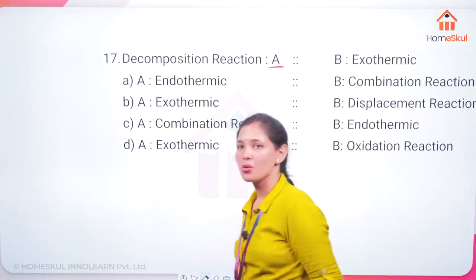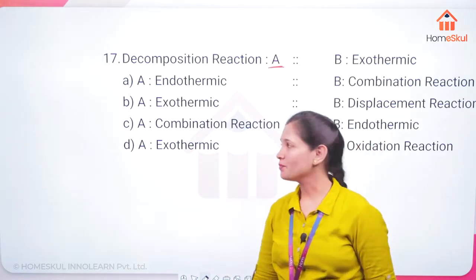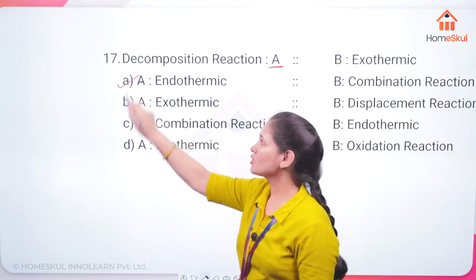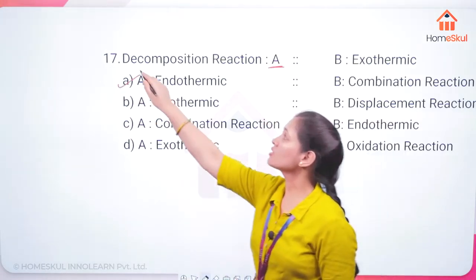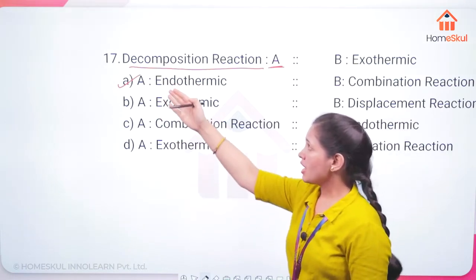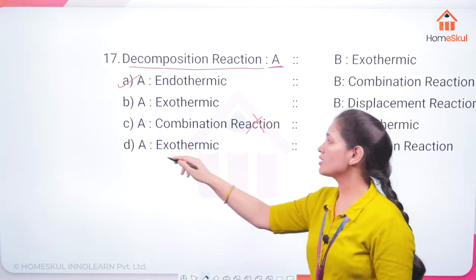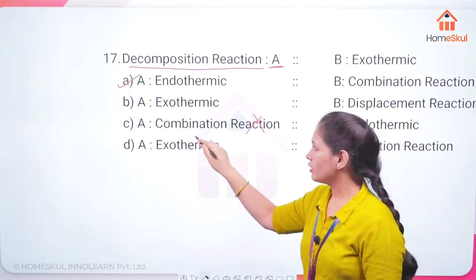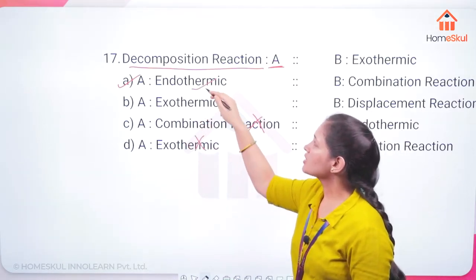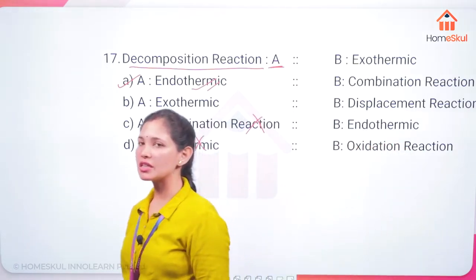Velga, very correct. Everyone, Trita, Nishka, Febin, everyone. So here your correct option is going to be A1, because for the decomposition reaction A you are given this. Endothermic, exothermic, combination reaction.